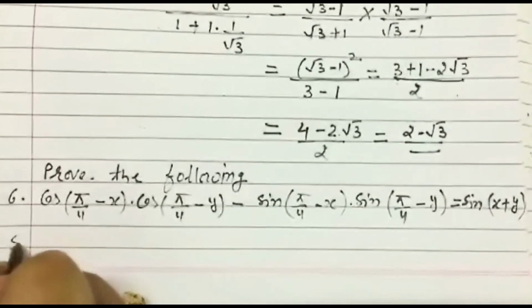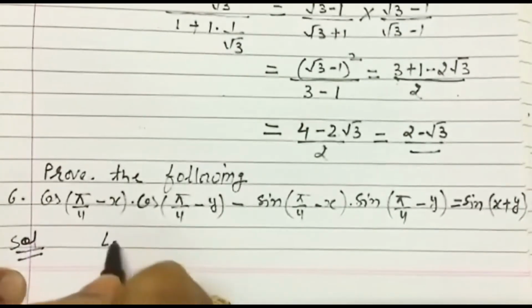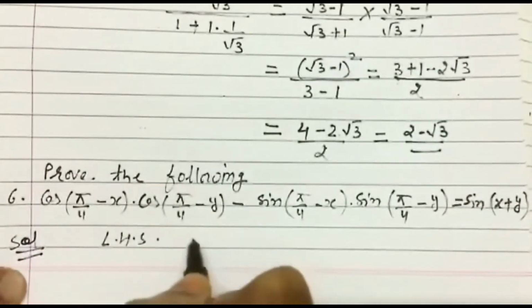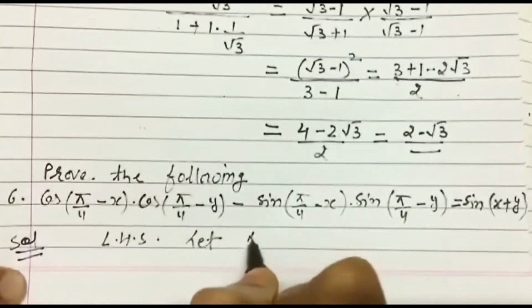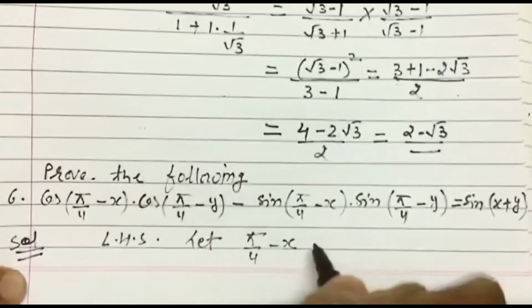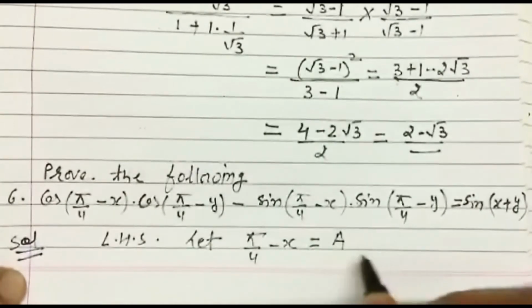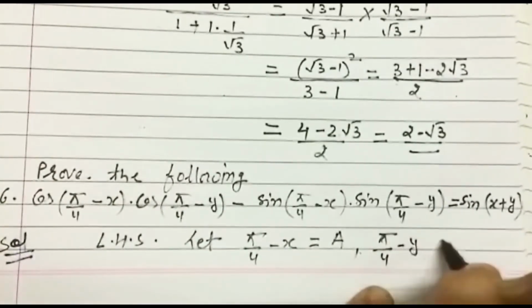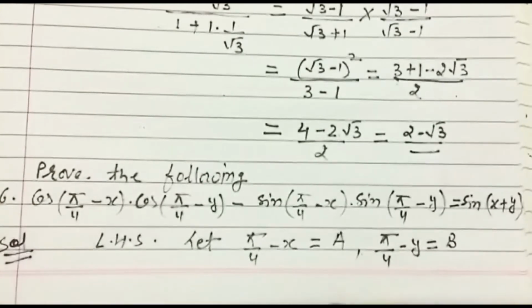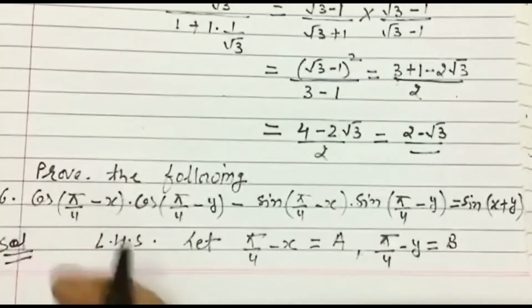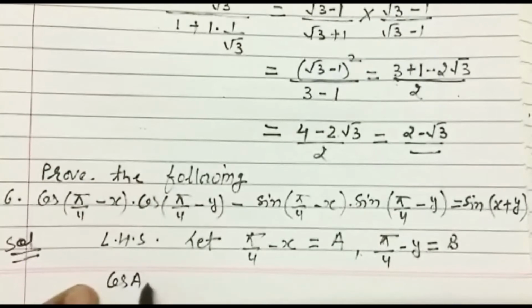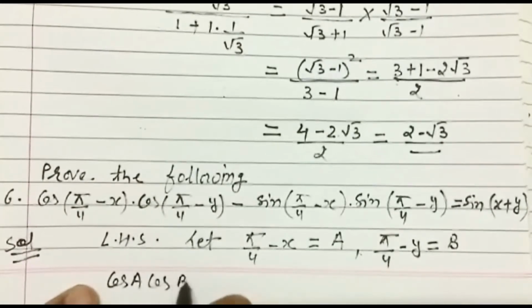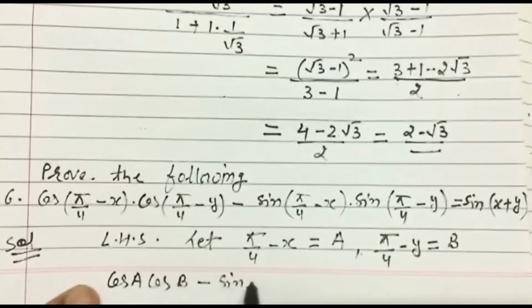So first of all, for this question, start from the left hand side and let pi by 4 minus x be a and pi by 4 minus y be b. So our question becomes cos a cos b minus sin a sin b.